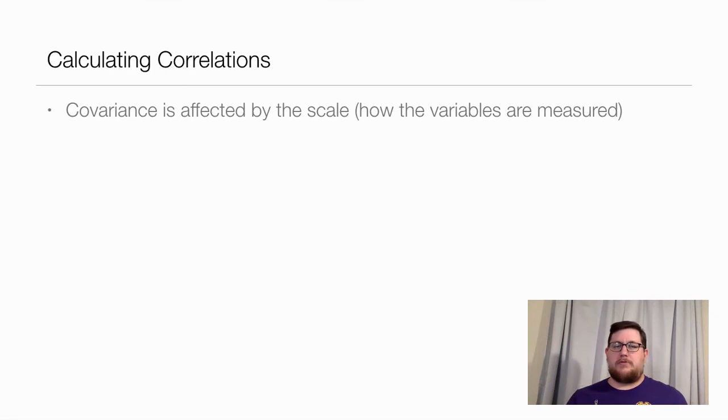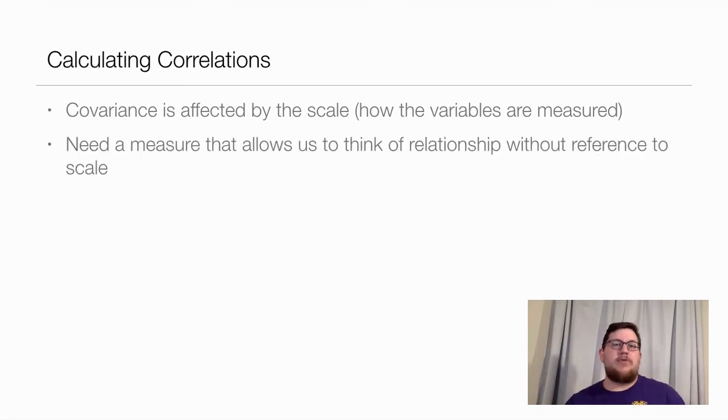They're not comparable. Instead, we need a measure that allows us to think of a relationship without reference to the scale. That will allow us to compare relationships. So we can say that quarterly presidential approval and unemployment are related to one another with this value, and quarterly presidential approval and quarterly GDP growth are related to each other on this value, and we can directly compare them.